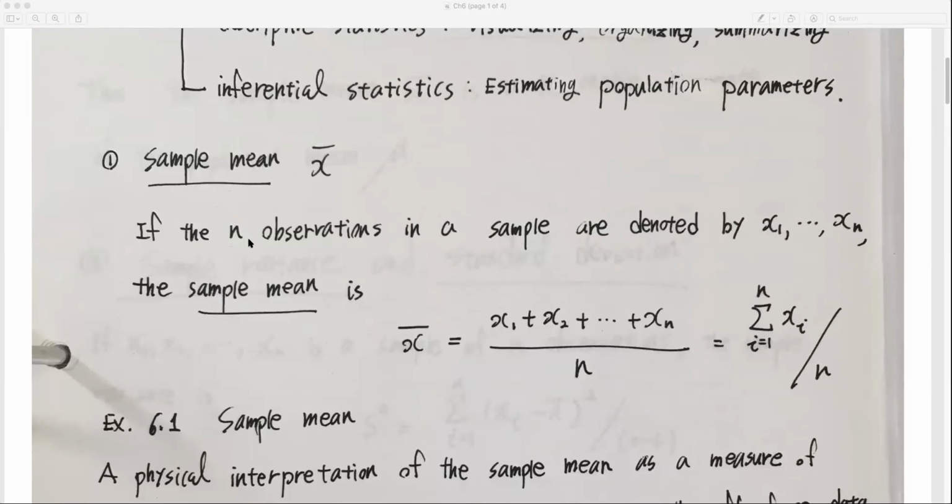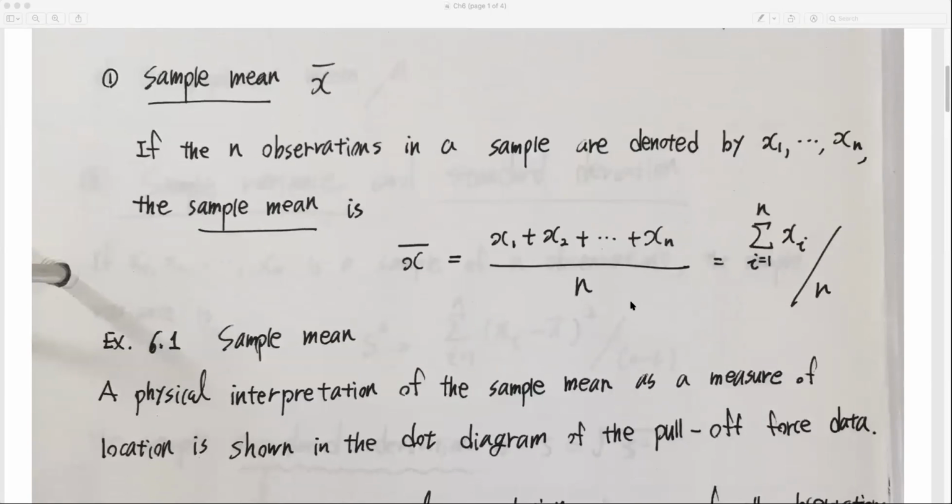If the n observations in a sample are denoted by x1 through xn, you can say these are the sample data, or just the observations. The sample mean is the sum of all the observations divided by the number of observations in the sample. It's not a big deal, and we use this in real life.